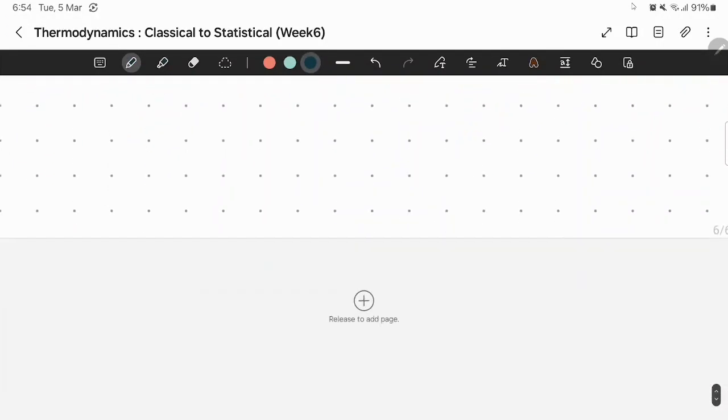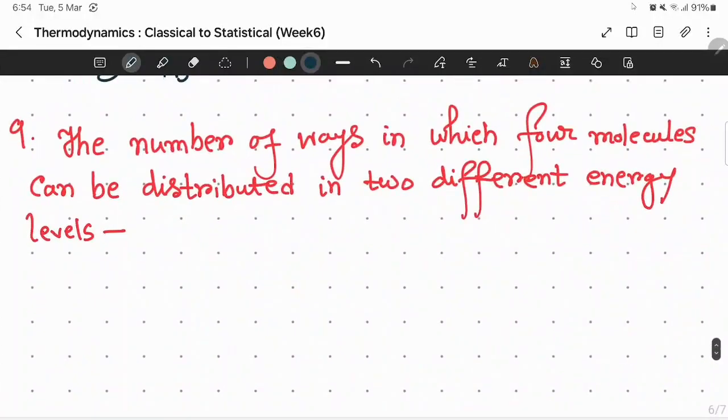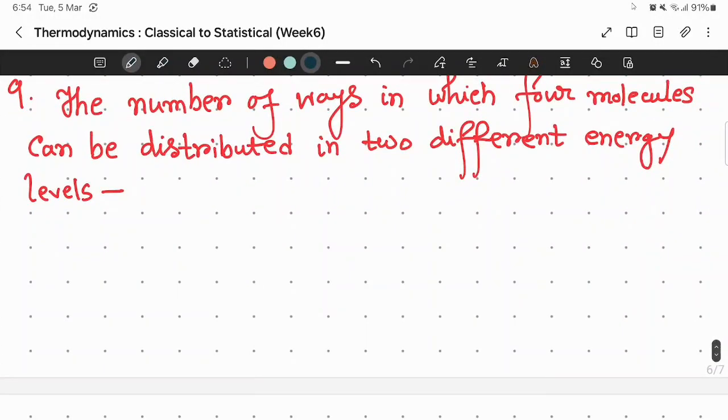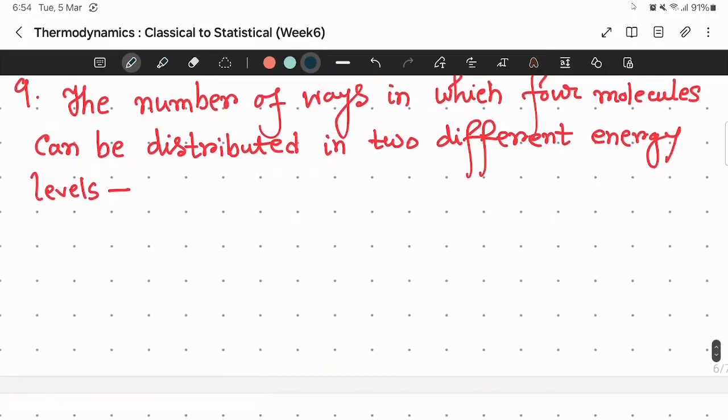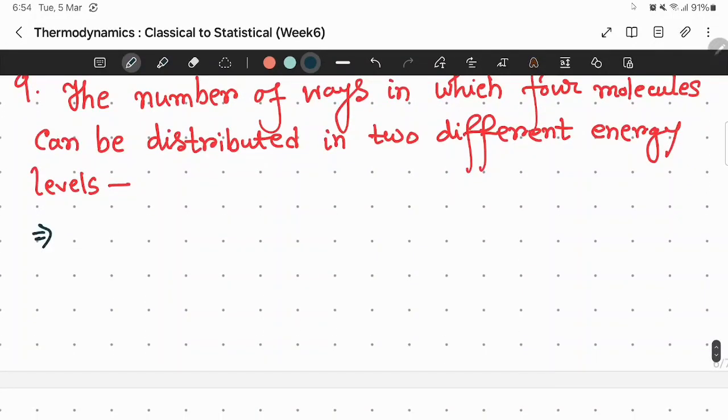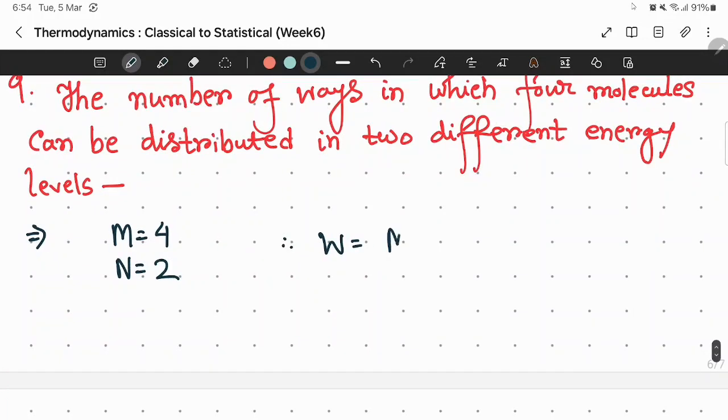Okay. There are two different energy levels and there are four molecules. So we know m is 4, n is 2, so W will be, as we have derived, m to the power n, that means 4 to the power 2, that means 16.